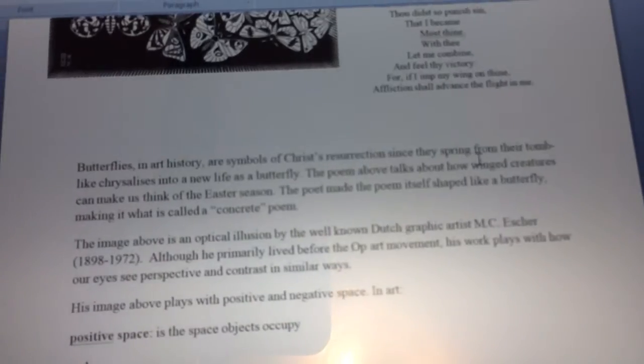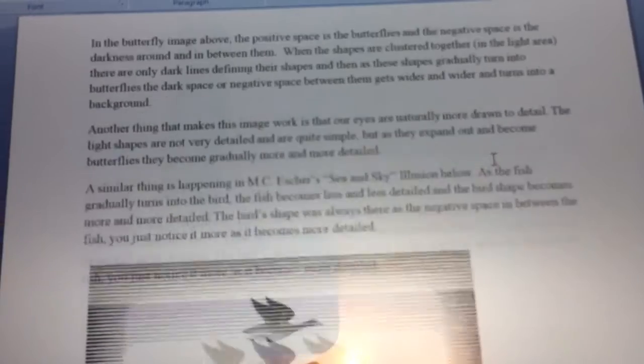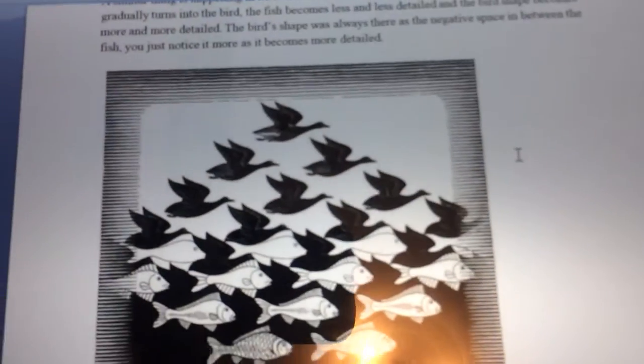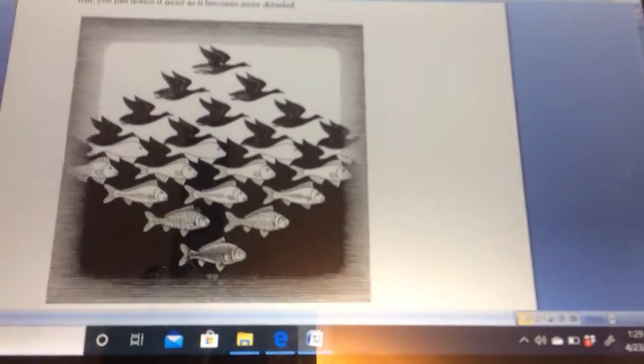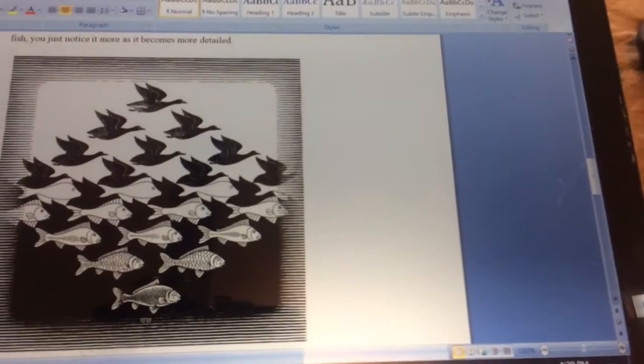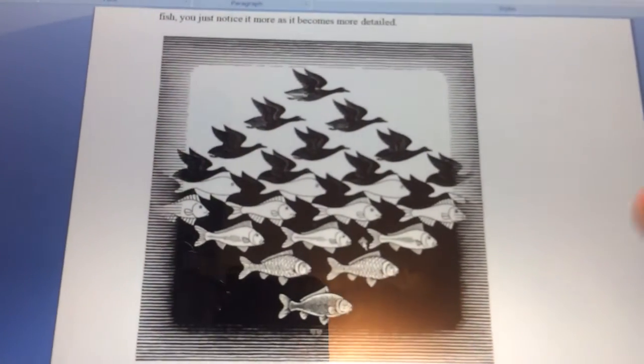And so for this project, I want you to try to create your own positive, negative space optical illusion. And here's another one of Escher's pieces. And you can see that if you look in between these fish, this bird shape has been there all along in the space in between the fish. So here you can see, here's the bird's neck.